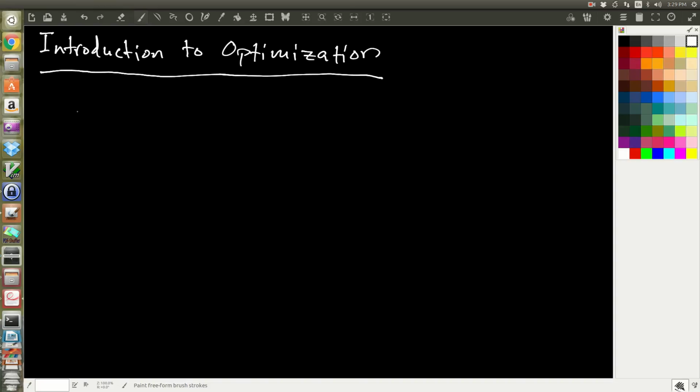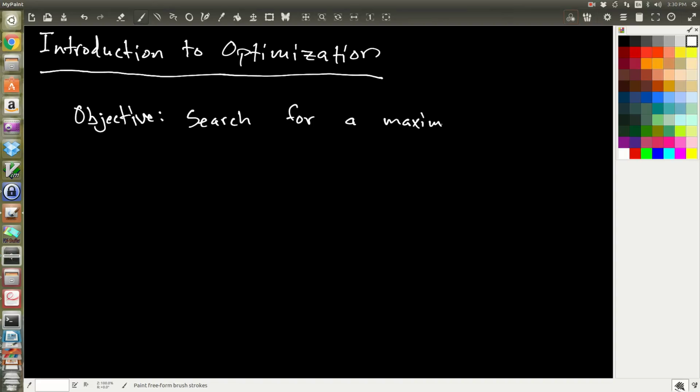So I'm just going to write this down here. So the objective of optimization is to search for a maximum or a minimum of a function.